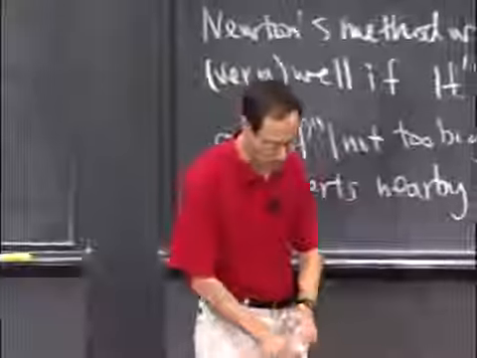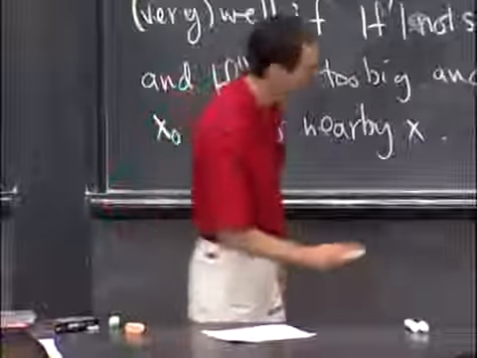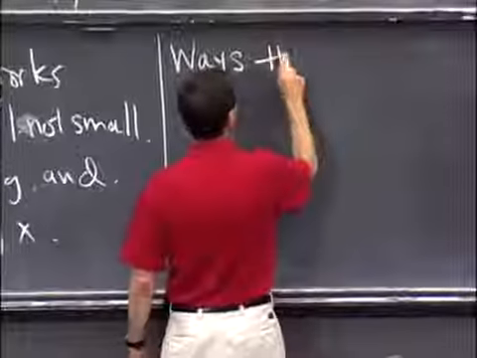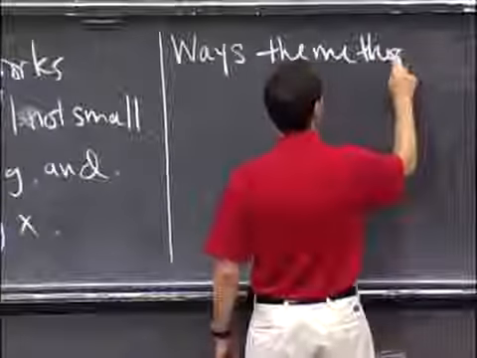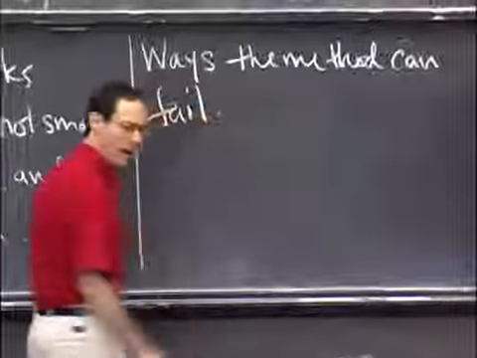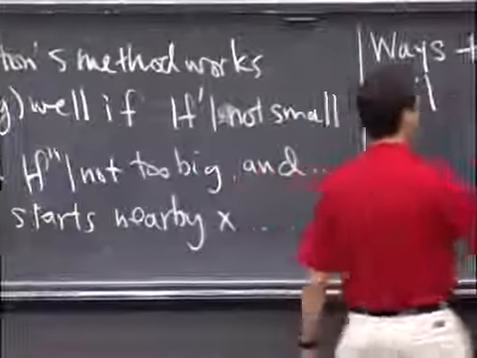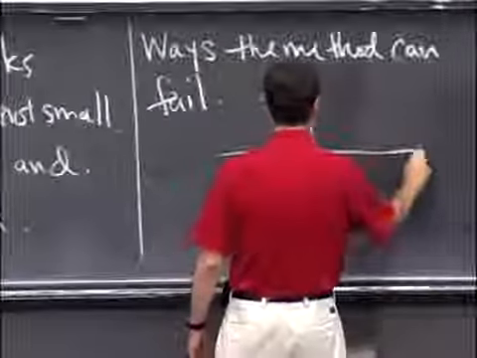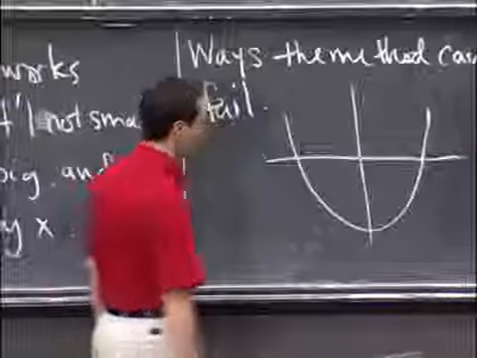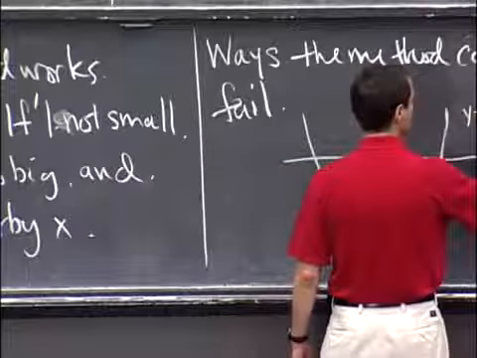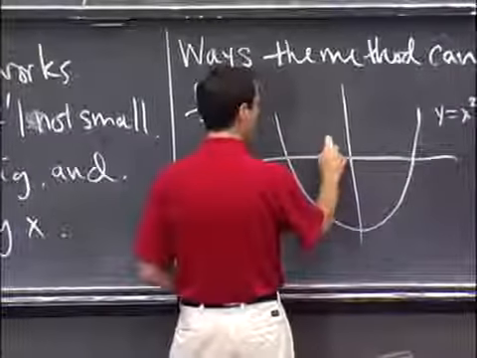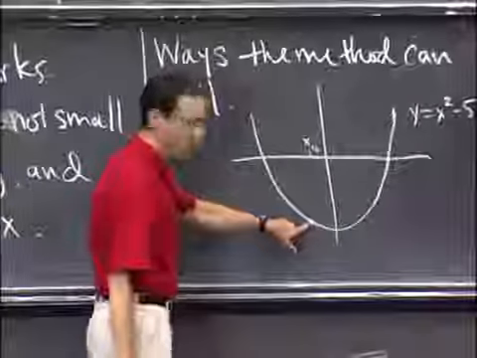So I'll explain that by explaining what maybe could go wrong. So there are ways the method can fail. And one example, which actually would have happened in our example from last time, which was y equals x squared minus 5, is suppose we'd started x0 over here. Okay?